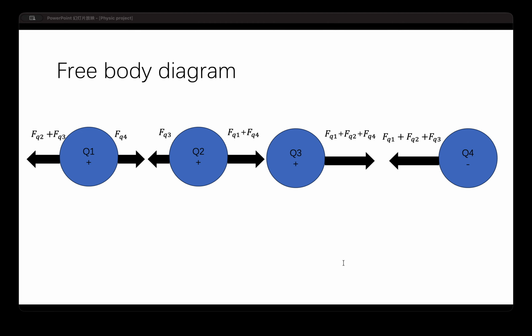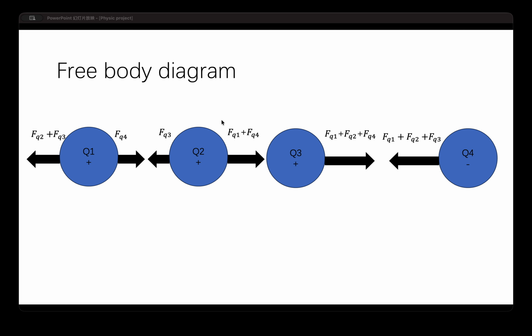For Q1, which is positive, it receives a repulsive force from Q2, pushing it to the left, and also a repulsive force from Q3, pushing it to the left. But Q4, which is negative, gives Q1 an attractive force, pulling it to the right.